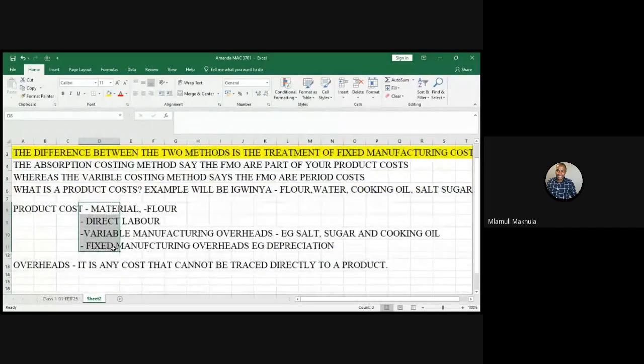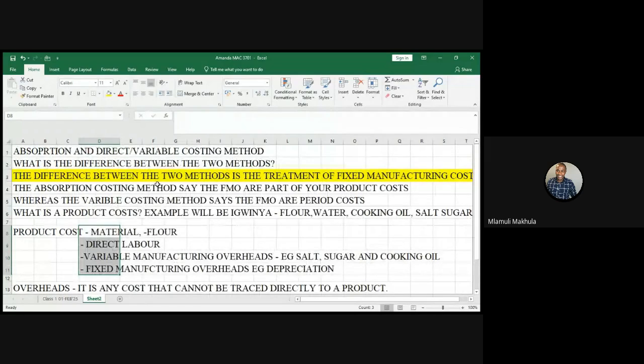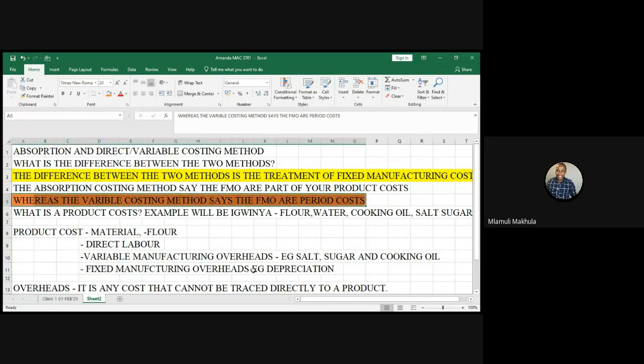Remember, there's this statement also that I mentioned here, whereby I said the variable costing method treats a fixed manufacturing overhead as a period cost.